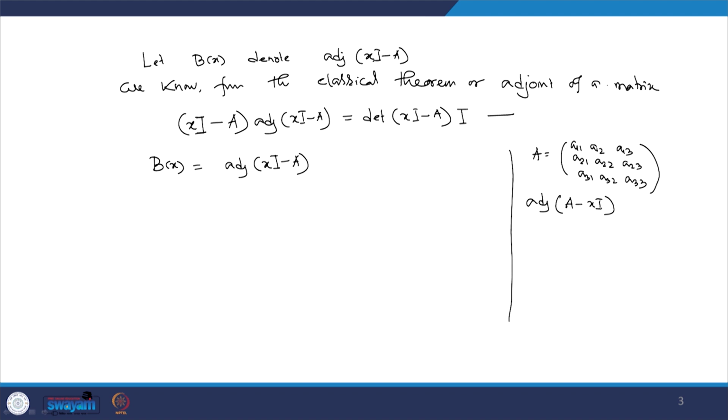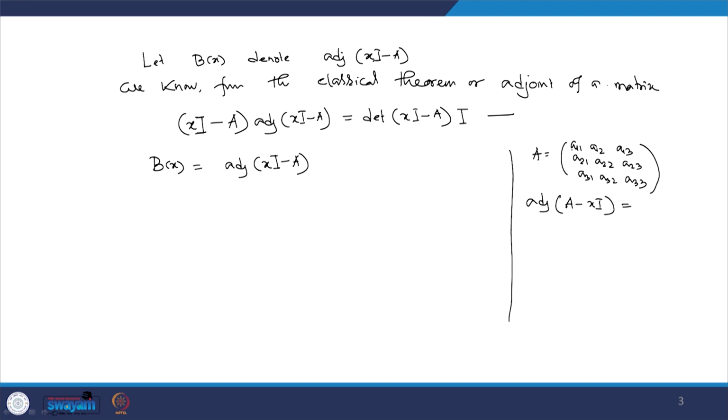So, I have to take the cofactors for each of the A11, A12, A13, all these things, and then take the transpose of that. That is basically the adjoint of A minus xI, that is the definition of the adjoint matrix we have learned.